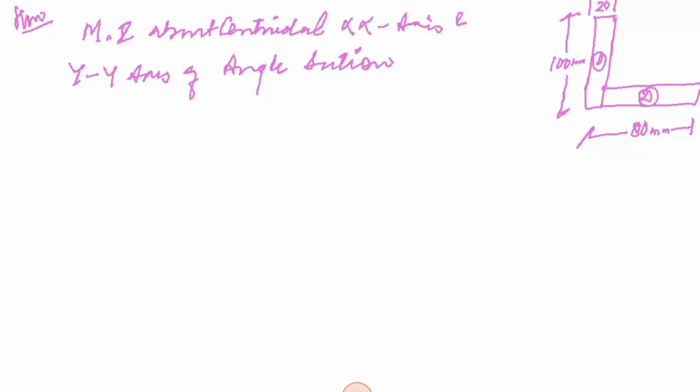And then you will check the moment of inertia about the y-axis. You will do this and show me in your next class. I'll be asking any one of you to show me your copy, and accordingly I will mark it.